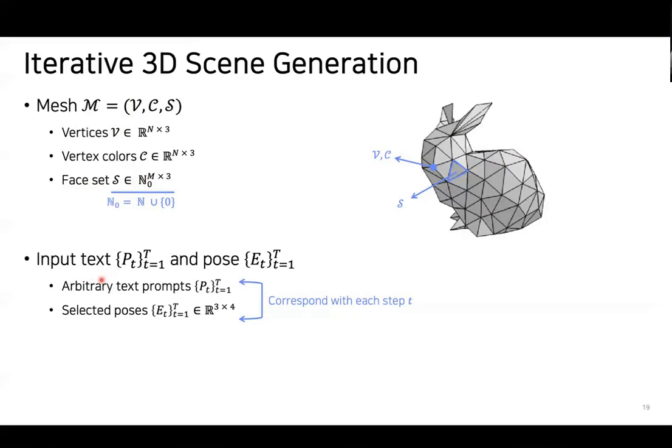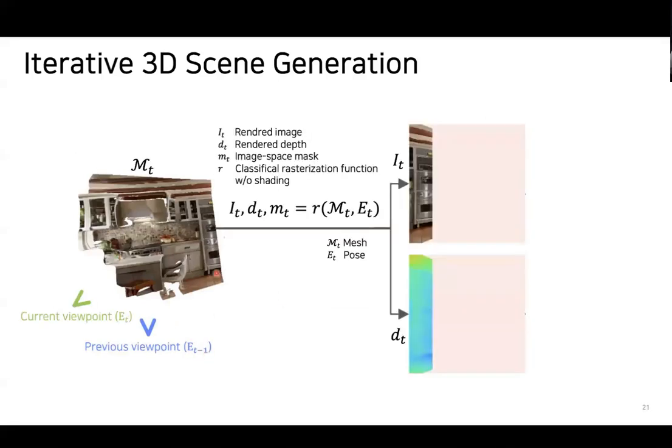The input text and pose are defined at each step t. So there is the scene defined at the previous viewpoint t-1. And we want to generate the 3D scene, so we change the viewpoint and fill this region.